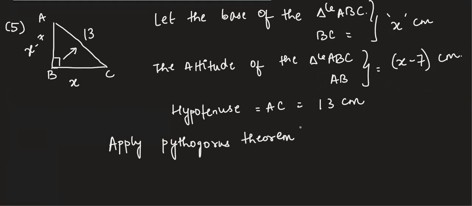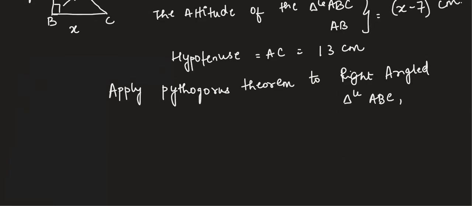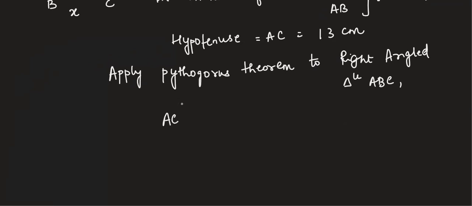So apply Pythagoras theorem to right triangle ABC, which is nothing but AC square, that is hypotenuse square, is equal to AB square plus BC square.